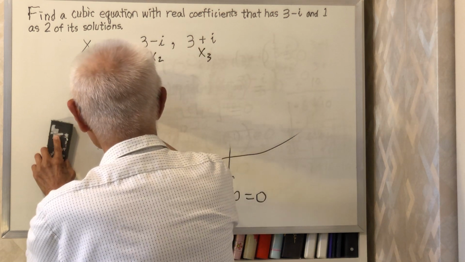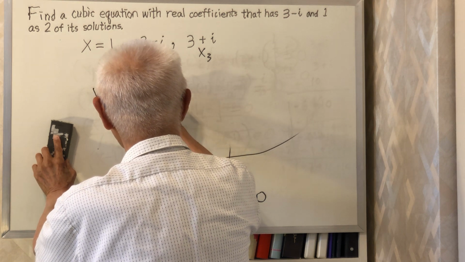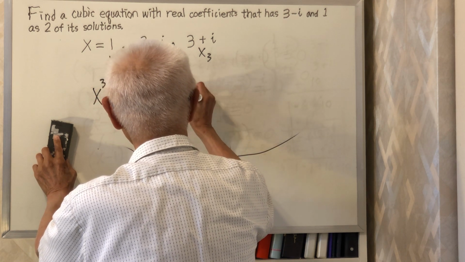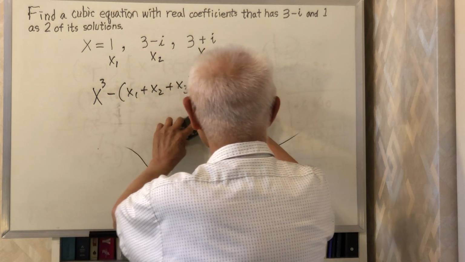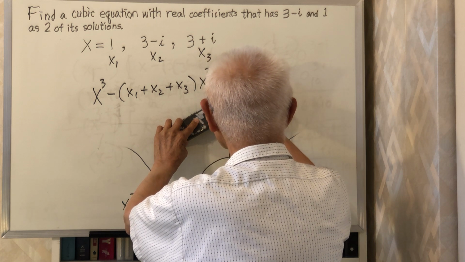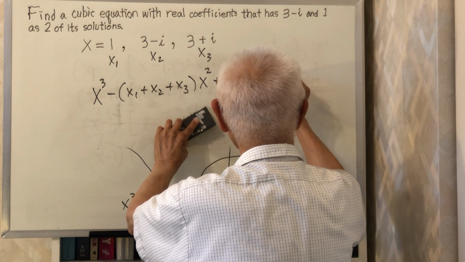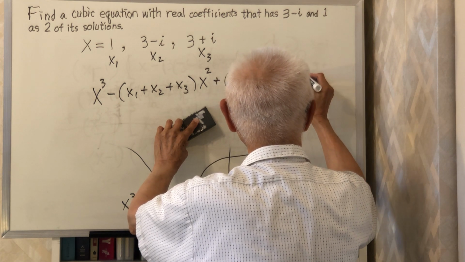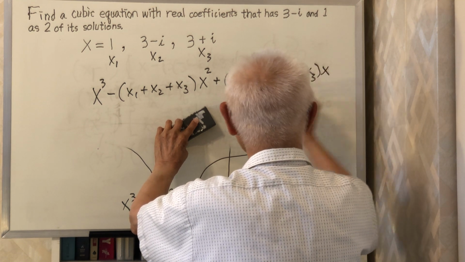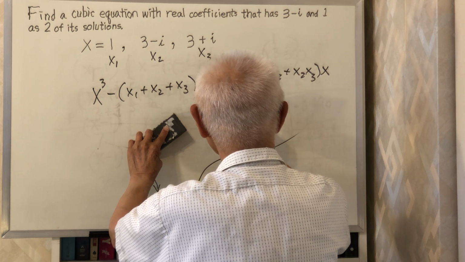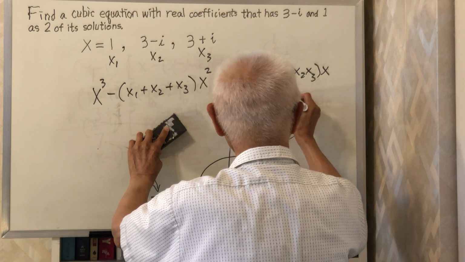The cubic equation is x cubed minus (x1 plus x2 plus x3) x squared plus (x1 x2 plus x1 x3 plus x2 x3) x, and plus finally x1 x2 x3 equals 0.